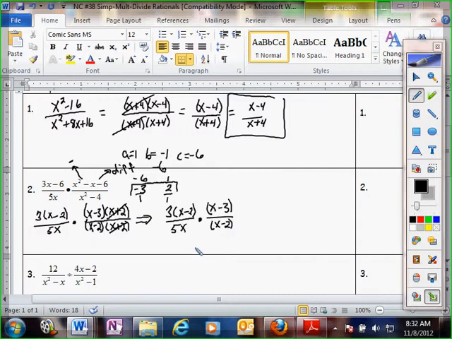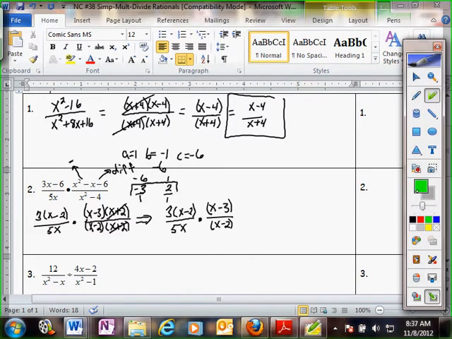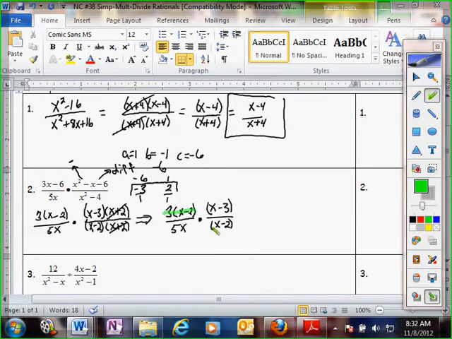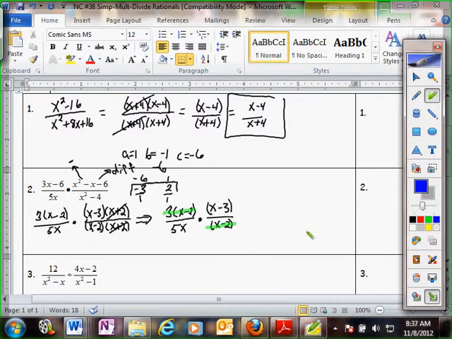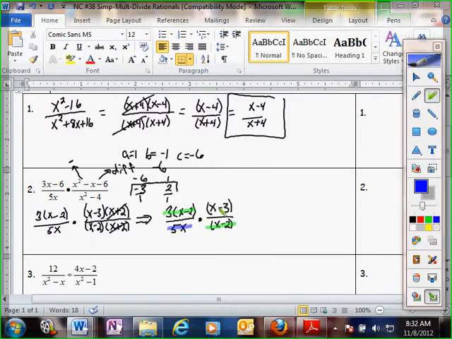Now another property with multiplying fractions is we can cross reduce or cross simplify. In other words, if I have something on top that matches something on bottom, I can cancel those two terms. Likewise, if I have something on bottom over here that matches something on top over here, I can cancel those two terms.